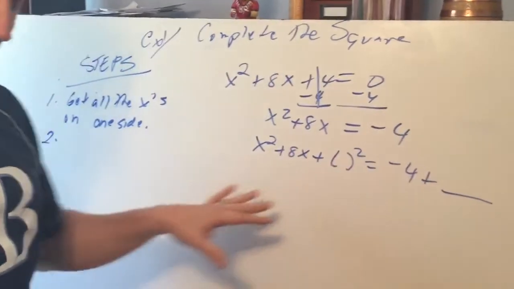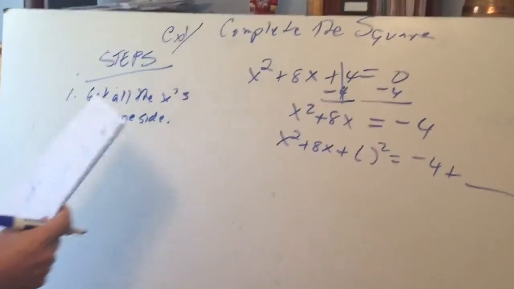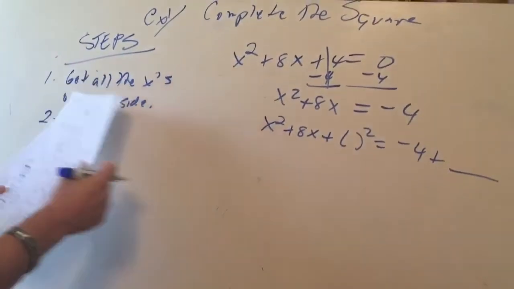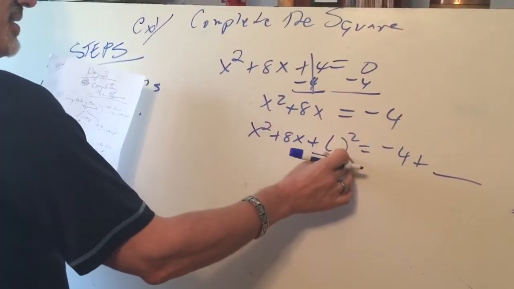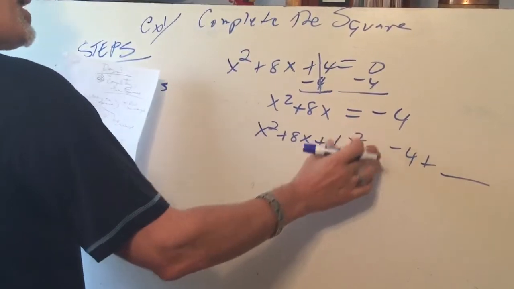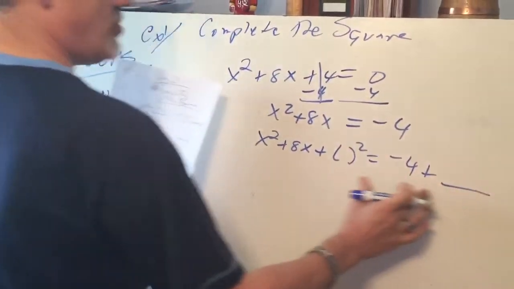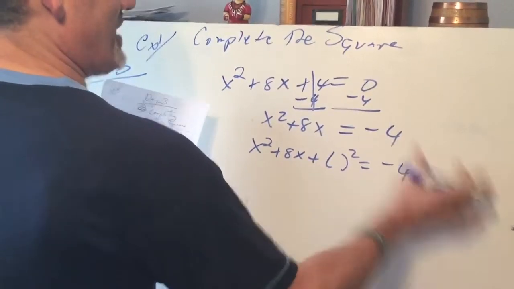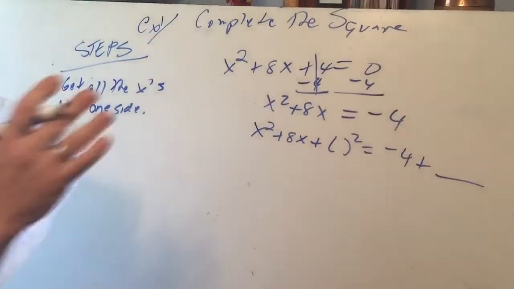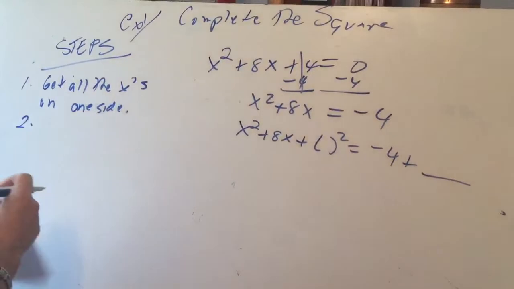You're like, what the heck did you do there? You are correct. So we are going to add something to this side, square it, and then balance the sides, because what you do on one side of math, you do to the other. We're going to add the same thing on that side to balance it. So let's write that step here.